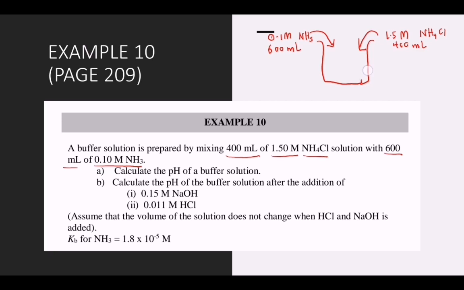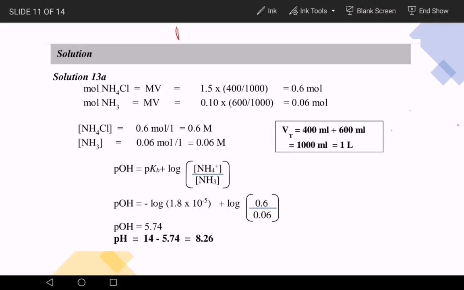So the volume of solution will become 1 liter. 400 plus 600, the volume is 1 liter. So you have to find the new concentration for NH3 and NH4Cl before you insert into the formula.